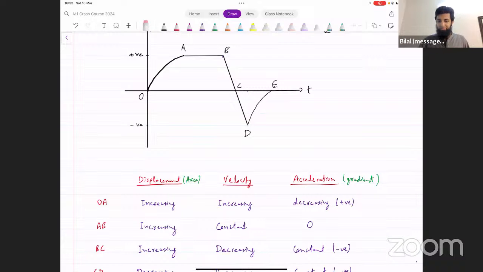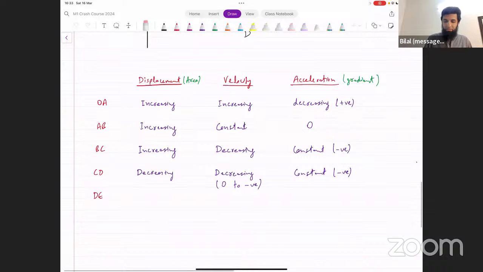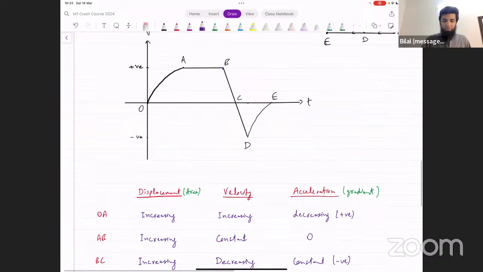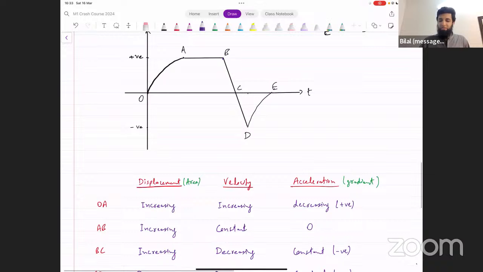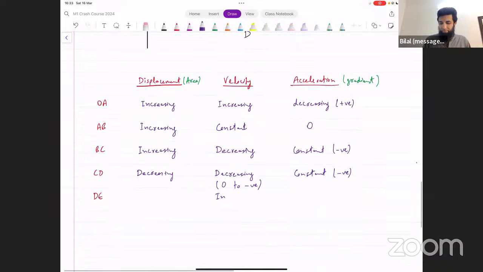That means it's increasing, right? Okay, I'm sorry. It's a velocity time graph. I got distracted. Velocity is going from negative to 0. So velocity is increasing. It's going from a negative value to 0.